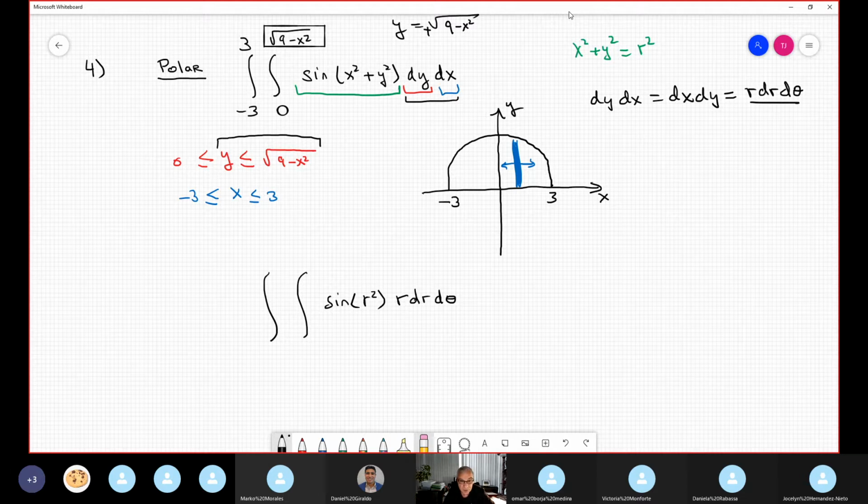Now the first integral is with respect to r. The r varies from 0 to 3, and theta varies from 0 radian to pi.